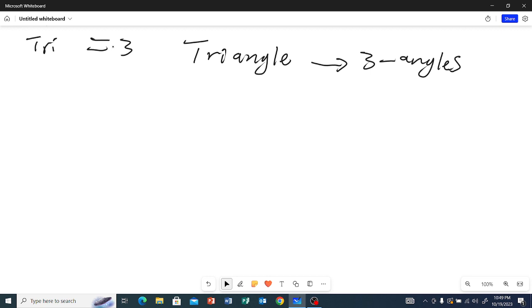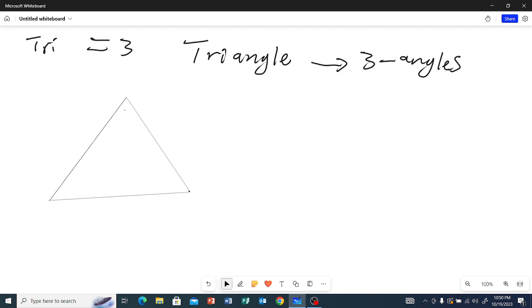Now let's draw a triangle and see. This is the first triangle that we have.